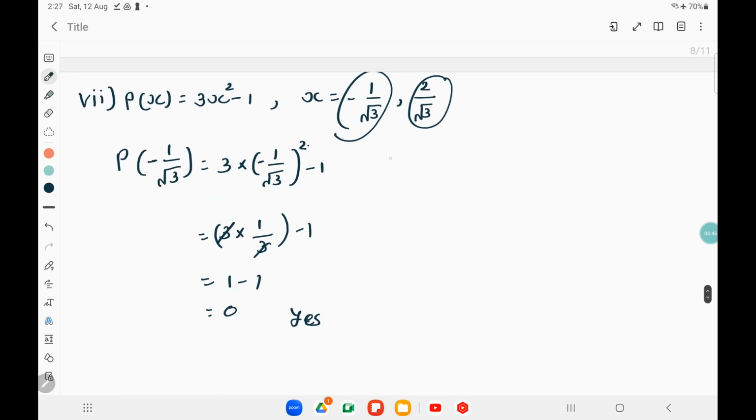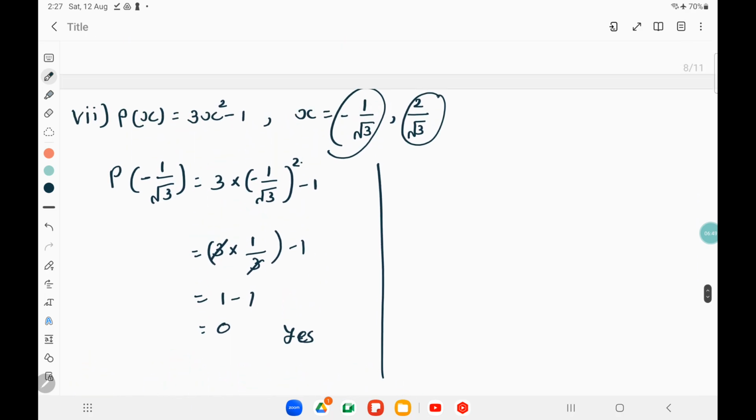Let's find this value. Okay, so P(x) value is 2 over root 3, and here the polynomial is 3x squared minus 1. So we replace x by 2 over root 3 squared. Take away 1.